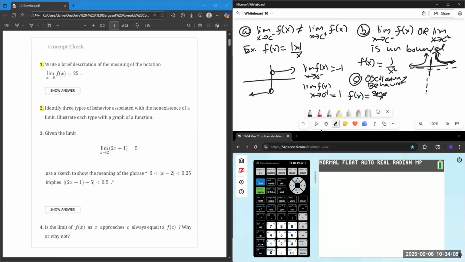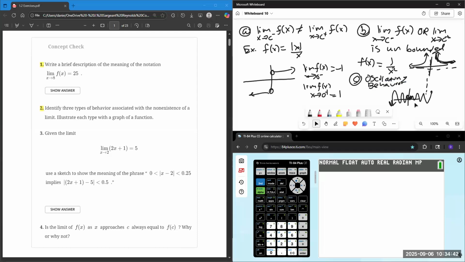But we can't tell exactly what it's doing by examining the graph. We'll talk more about how to look at that later. But let's just look at the graph right now. It is like this, and then it starts jumping around like crazy here, and we can't tell exactly what it's doing there at 0.